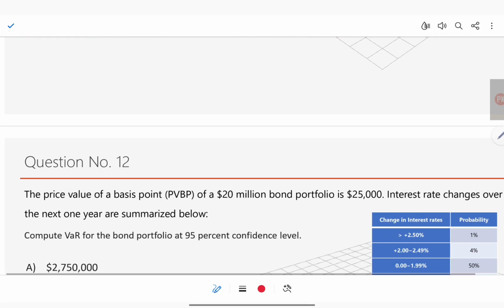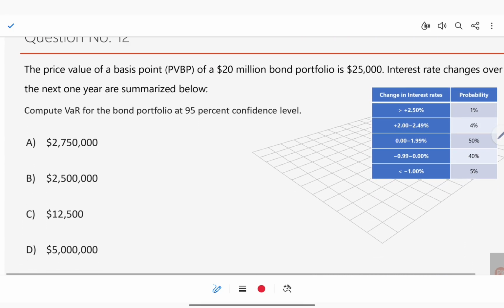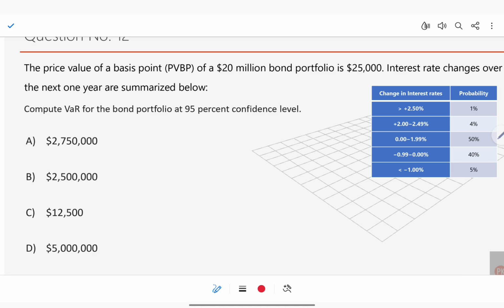Now let's go to the next question. If you read the question, it is asking you to compute the VAR of a bond portfolio at 95%. They have given you the price value of a basis point for a portfolio of 20 million.